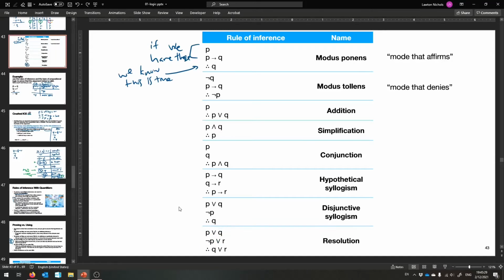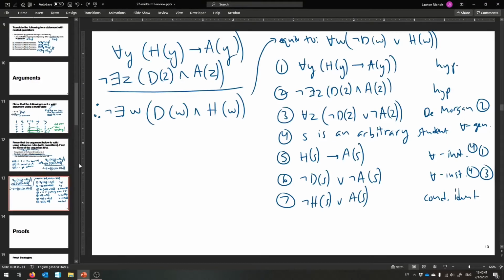I can pick these out. So it's kind of like making them go away somehow. All right? So let us use resolution on, you see how the A's match. And I'm going to assume that you understand that we can flip-flop these using commutativity. So let's use resolution now on 6 and 7 to get, wait for it, not D of s or not H of s. Yeah?